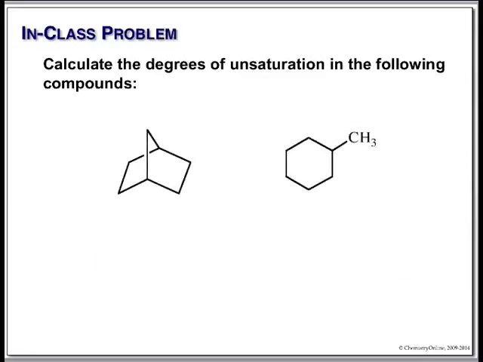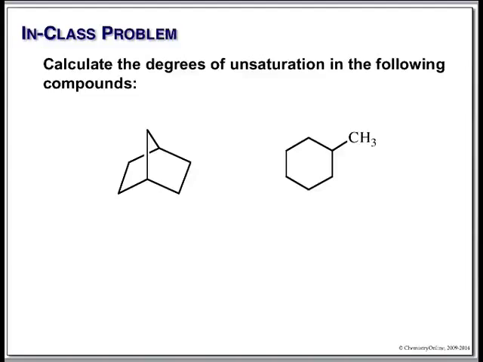All right, look at these 2. Now, at this point in your life, doing the first one, you might be better off just to count carbons and hydrogens. We have 7 carbons, don't we?